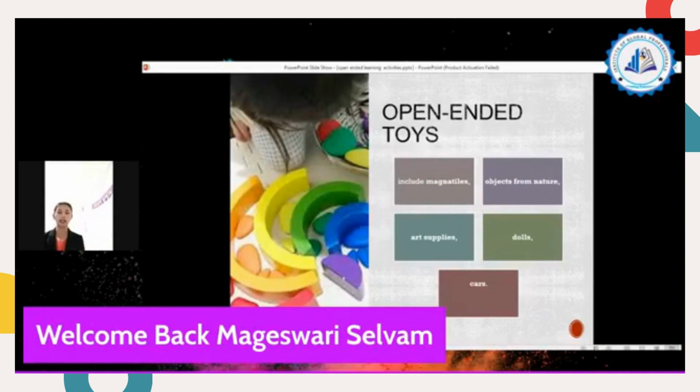It also includes art supplies, your paint, paintbrush, clay, the Legos, and also dolls and cars. So these are the open-ended toys that you can use with your learners. Okay, next slide, please.